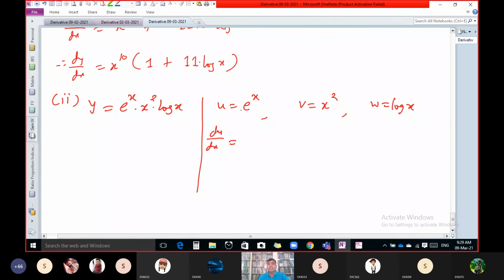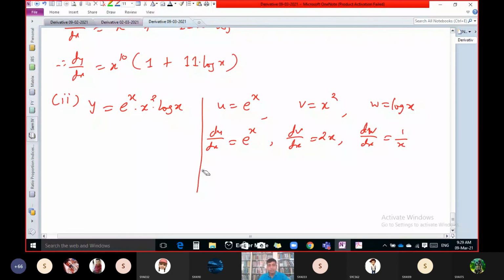What is the derivative of e raised to x? Any of you know the answer? E raised to x, derivative of that. E raised to x. Yes, please learn this. Derivative of e raised to x is e raised to x. Derivative of x square, that is 2x. And derivative of log x, that is nothing but 1 upon x.